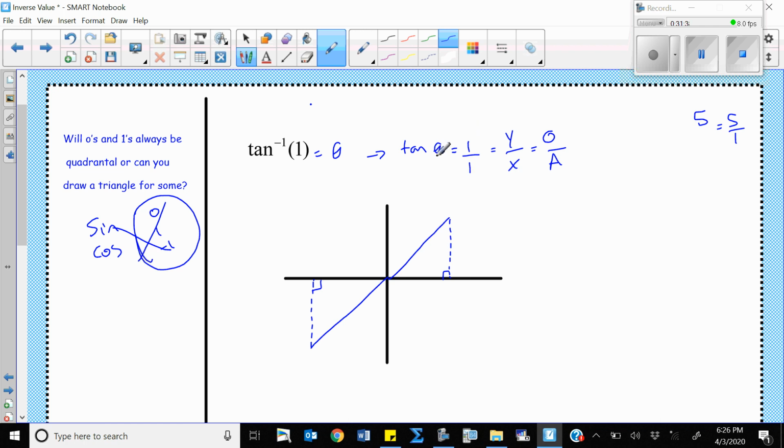So we know that tangent is opposite over adjacent. So opposite side is 1 and adjacent side is 1. The same is here. Opposite is 1 and adjacent is 1. But in this case, basically, this is -1 divided by -1. And we know that the negatives cancel each other and it will be equal to +1.